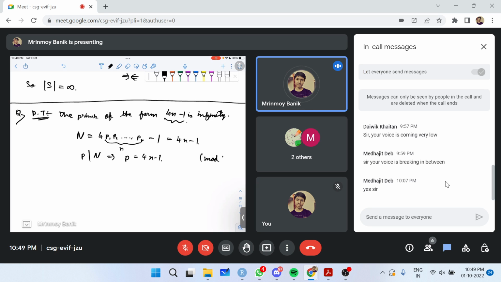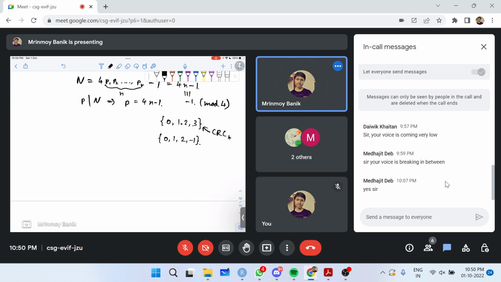Taking mod 4, this thing is congruent to minus 1 mod 4, right? And if you see the complete residue class mod 4, you can rewrite it as minus 2, and so on, in this form.